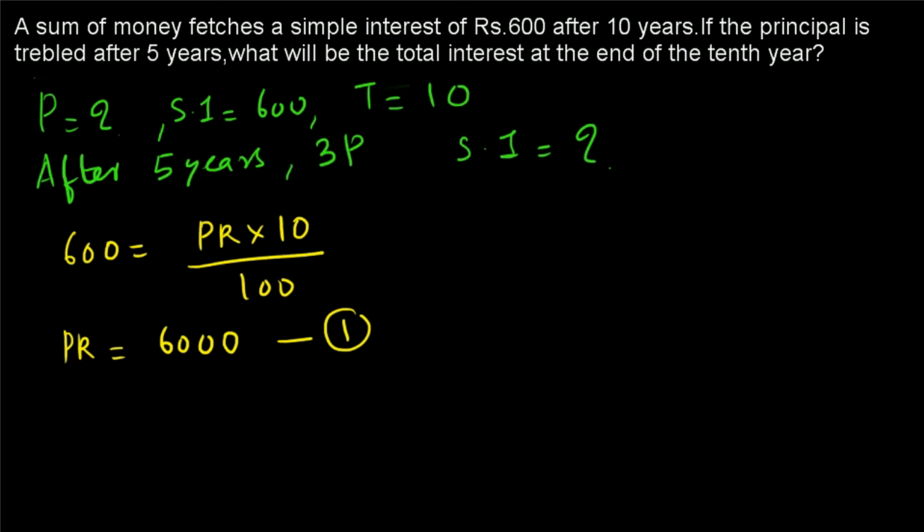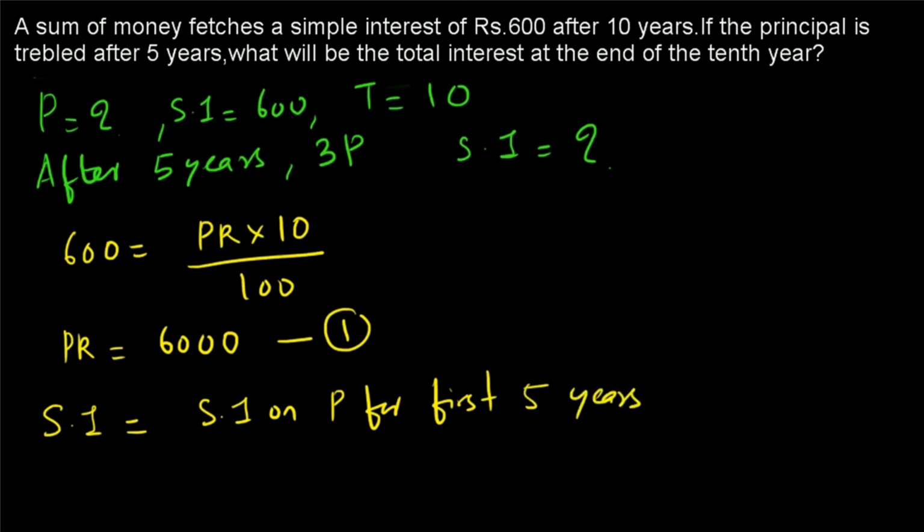And what about the second case? What is the formula we can implement? So after 5 years, the principal is becoming equal to 3p. So what is the total simple interest? The total simple interest will be equal to simple interest on P for the first 5 years, just like our previous question.